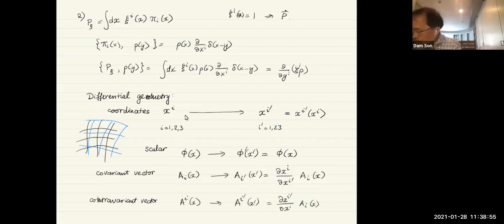So here again the indices have to be consistent. Upper index i' matches with upper index i' on the right hand side. ∂/∂x^i is basically a derivative with respect to x with the upper index, which makes it a lower index. No, this i here is in the wrong place, because the index of this contravariant vector is the upper index.